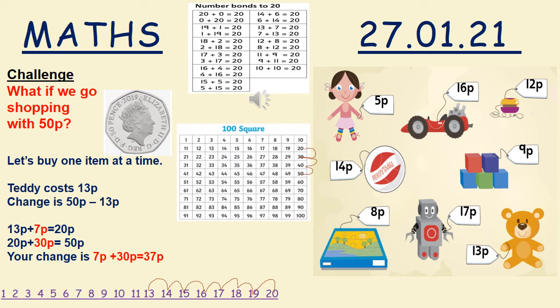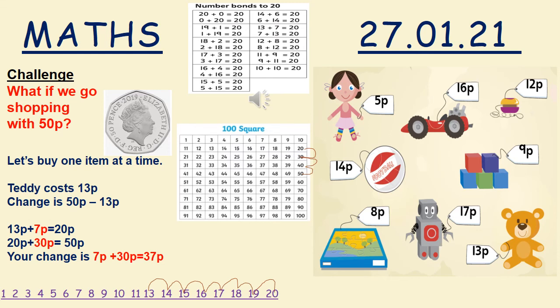Now, remember I gave 50p. So I've got to hop from 20 to 50. I'm not going to hop in ones because that would take ages. So I can hop in tens. Look at my 100 square. We know how to count in tens. So from 20 to 50. Now I'm on 20. Let's hop 10, 20, 30.